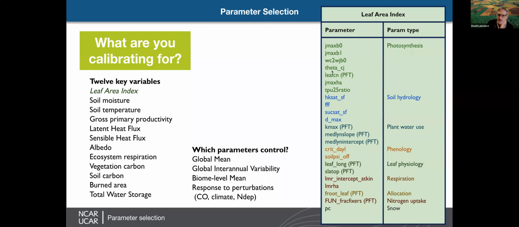And what you see is a nice mixture of photosynthesis parameters, hydrology parameters, plant water use parameters, phenology parameters, leaf physiology parameters, respiration, allocation, and nitrogen uptake. And actually snow. So it's a good mix of parameters that are hitting at many different aspects of the model, and several of them are PFT level parameters, which does give us some hope that we'll have the ability to calibrate globally, regionally, and across different time scales and across different perturbations.